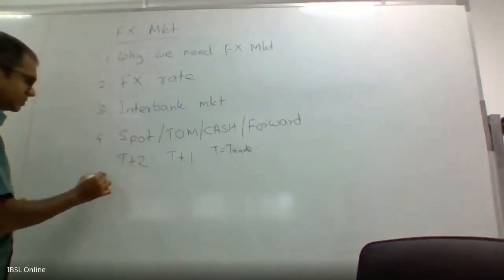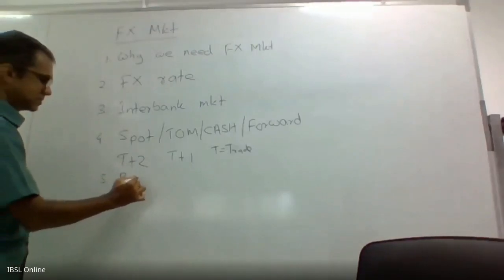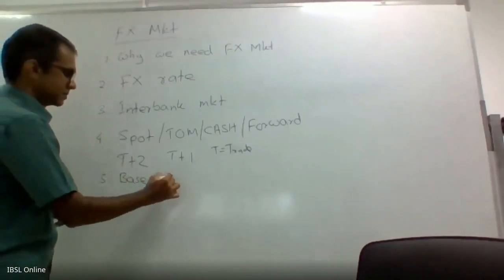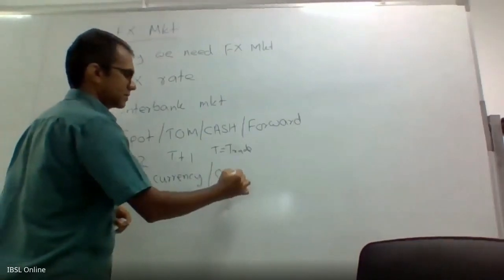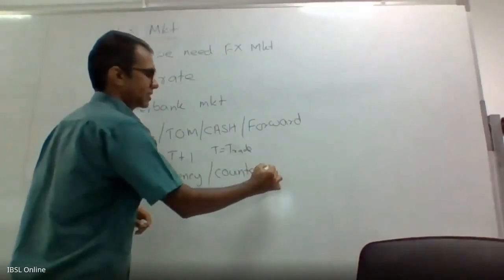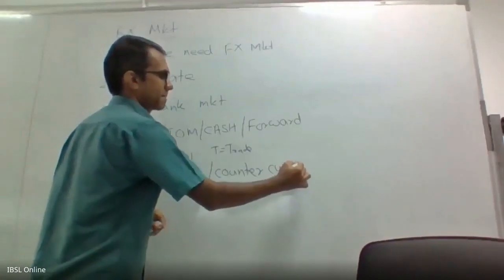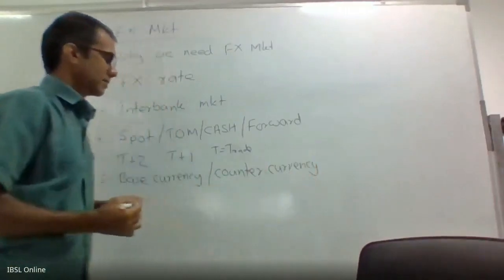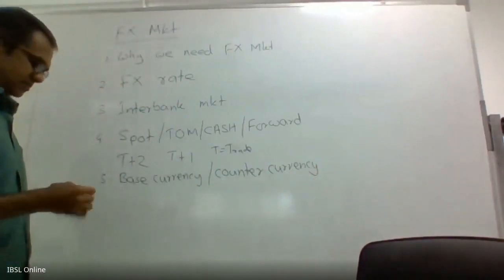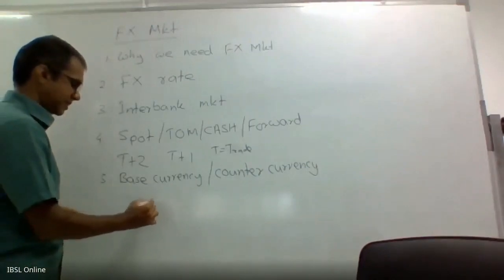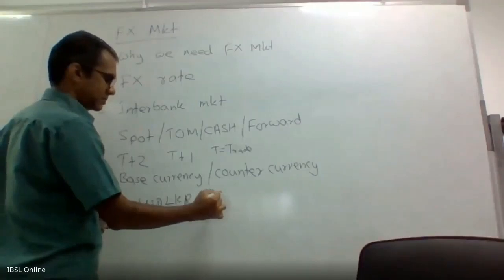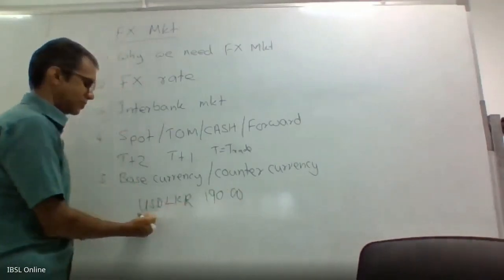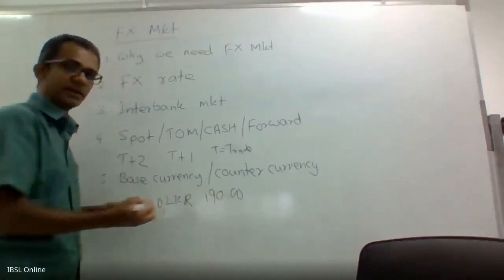Then we discussed base currency and counter currency. If we write an exchange rate like this, dollar rupee exchange rate is 190.